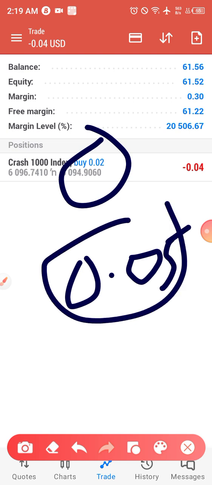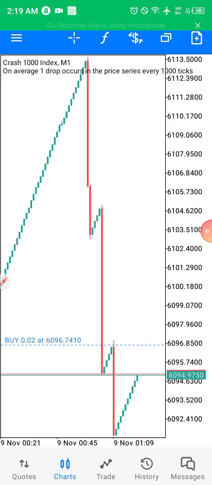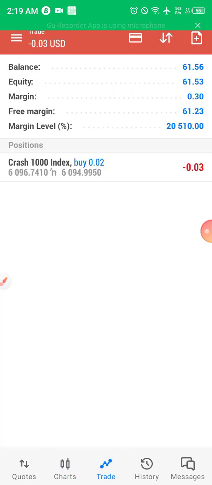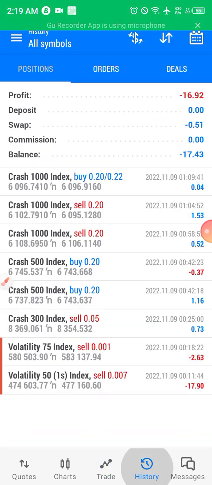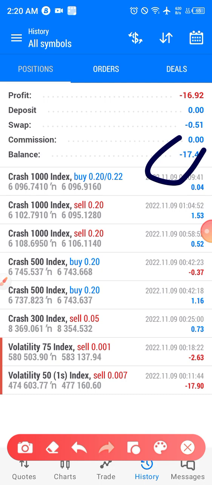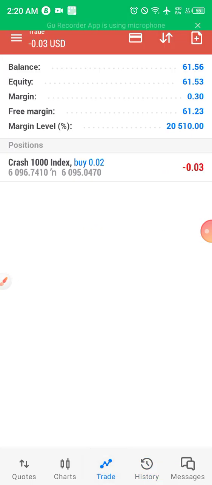I recommend this. Or you can also use 0.1 for this one, if your account is less than $100, like you can see this account right here. This account was about 70 something. I entered into some funny trades, and I incurred some losses, which I'm trying to recover.